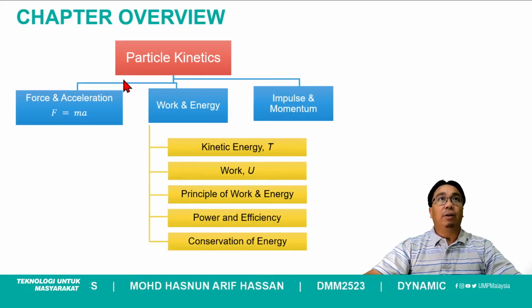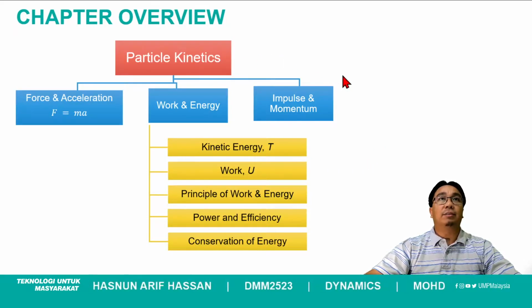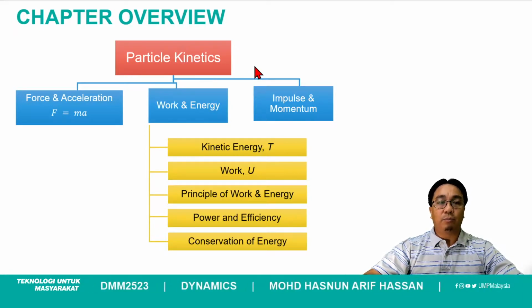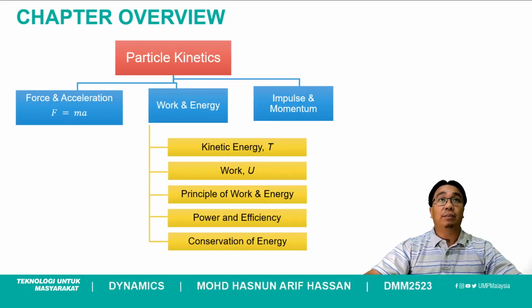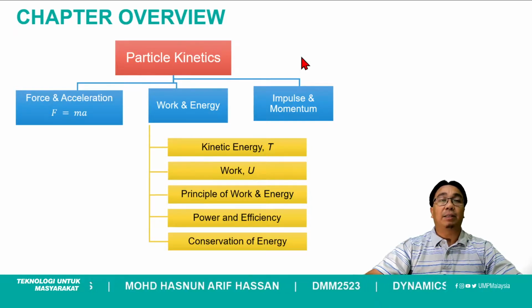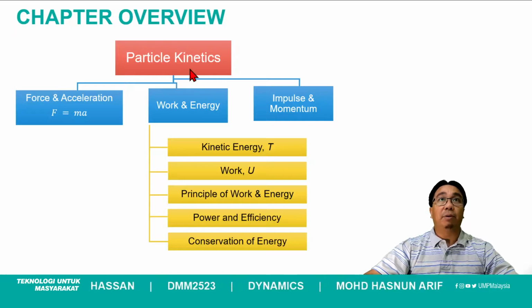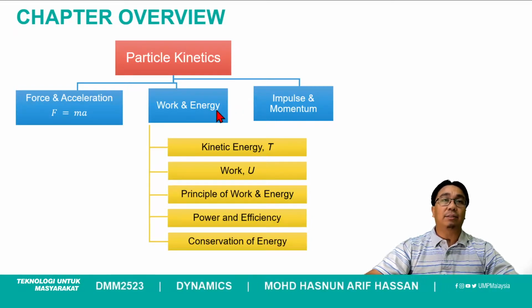Before we continue, let's look at the overview of this whole chapter. I told you about chapter 1, where we discuss kinematics, particle kinematics, and then another branch of dynamics is kinetics, where we discuss the force.